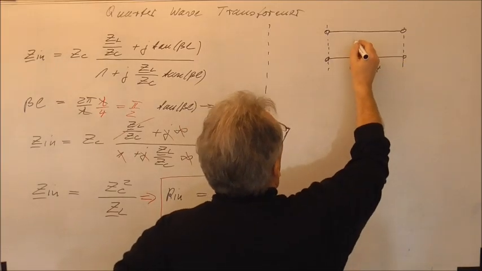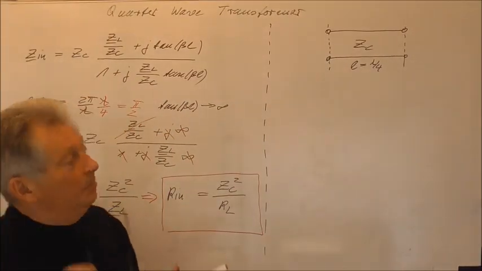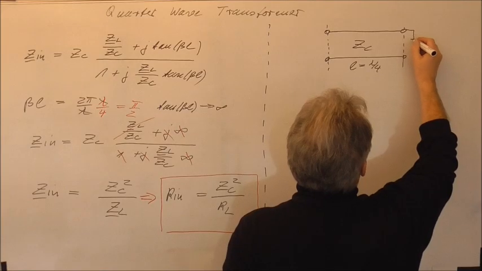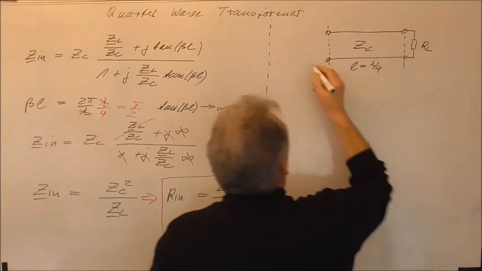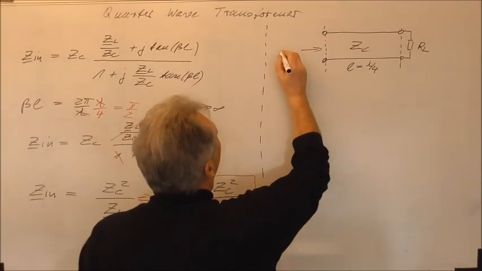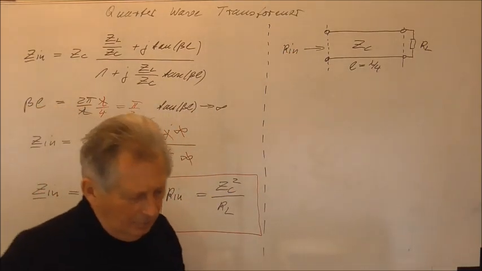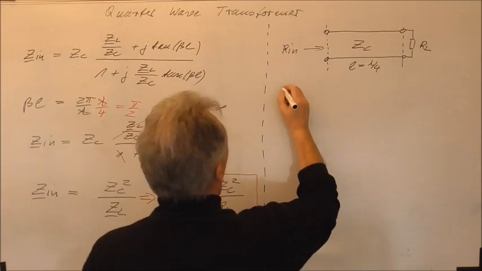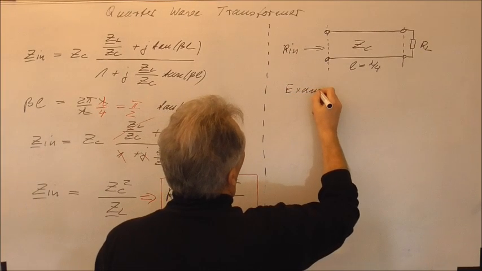And I assume that I can choose the characteristic impedance of our transmission line, and we terminate this with RL, and then, according to this equation, we also will have at this frequency a real Rin value, and we can use this as a transformer.